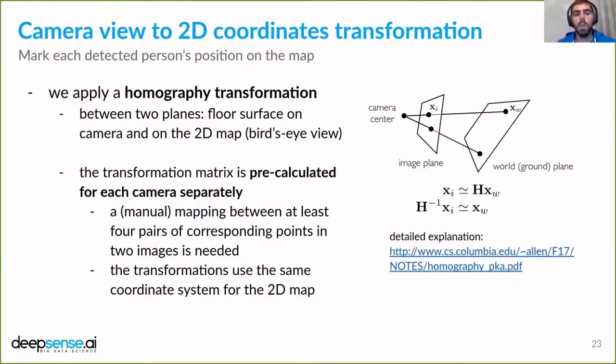For each camera, we separately pre-calculated the transformation matrix that transformed the image from the camera to the same global coordinate system for the 2D map, and therefore we had the combined map for the 3 cameras together.